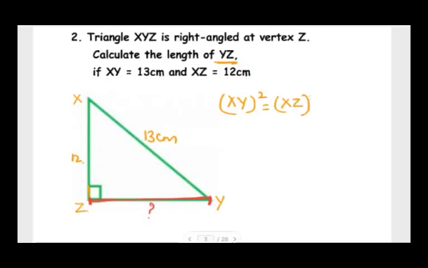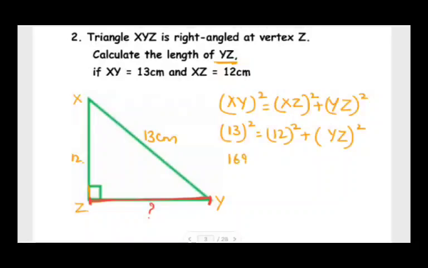XZ square plus YZ square. Correct, children? What is XY? 13. What is XZ? 12. And we have to find YZ the whole square.